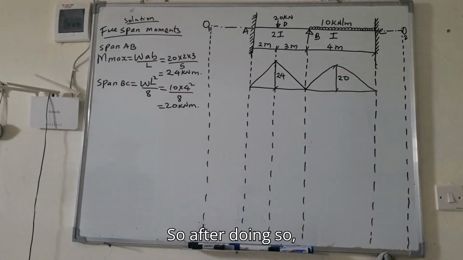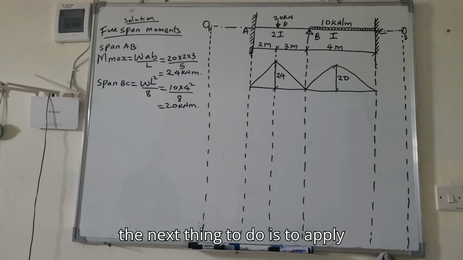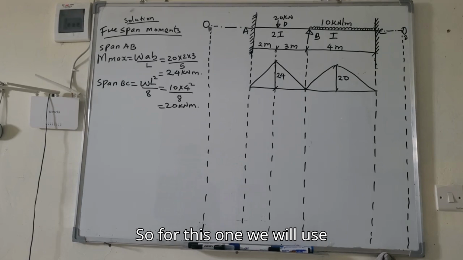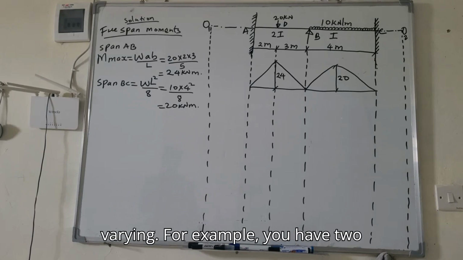After doing so, the next thing to do is to apply the three-moment theorem formula. For this one, we will use the second formula because our EI is not constant. Our EI is varying.